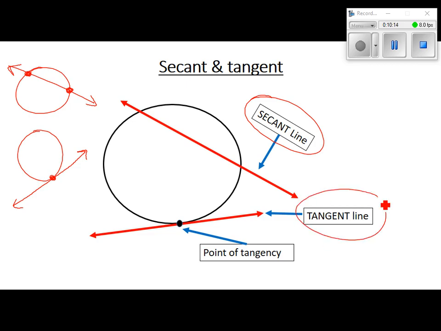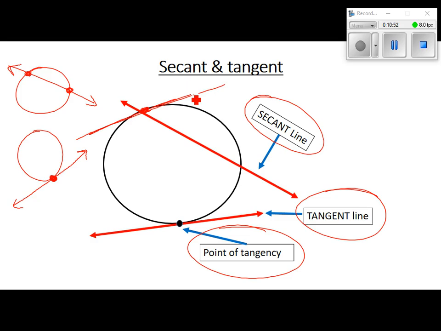So a tangent line touches the circle at one point, secant line goes through the circle and touches it at 2 points. The point where that circle touches that line is called the point of tangency. So if I take my yardstick and I lay it on my circle, where the yardstick touches the circle, that's called the point of tangency. So secant line, tangent line, and point of tangency.